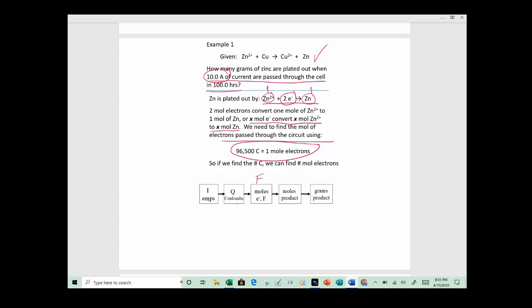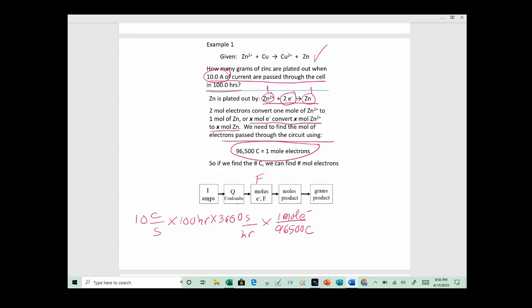We're told that I is 10 amperes, so we have 10 amps or 10 coulombs per second passing through the cell for 100 hours. We need this time in seconds, so we multiply by 3,600 seconds per hour. That's going to give us the number of coulombs passing through the cell. We multiply by 1 over Faraday's constant: 1 mole of electrons is equivalent to 96,500 coulombs.